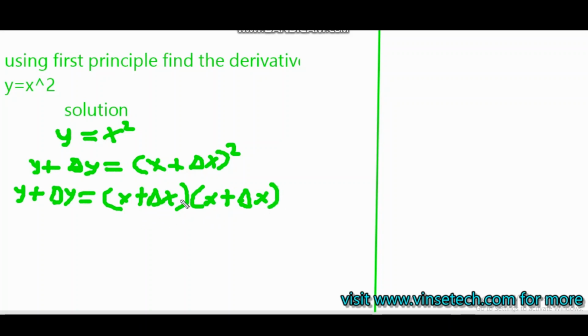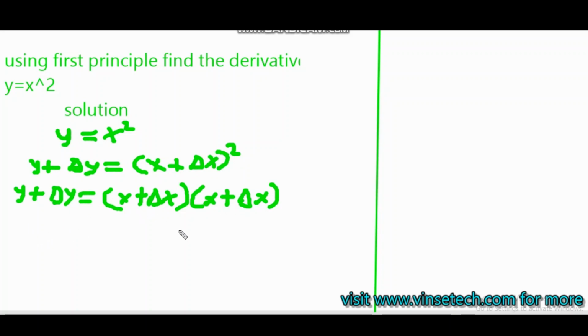Looking at this, by the time you multiply this by this, you still arrive at this. So it's simply the same thing, it's just simple factorization.